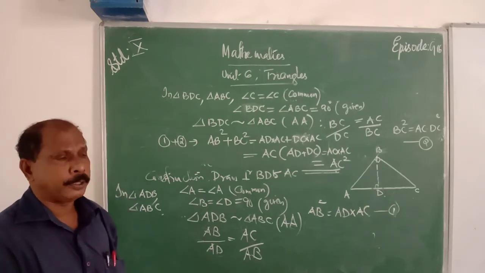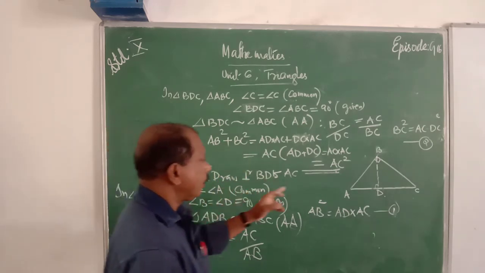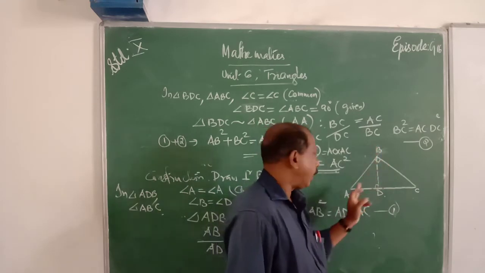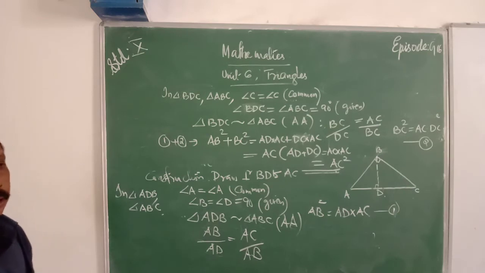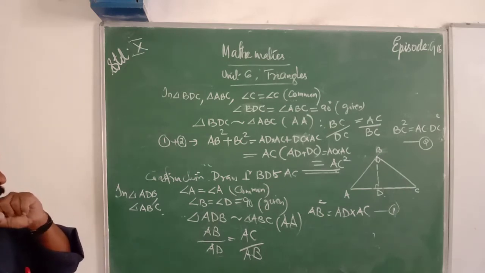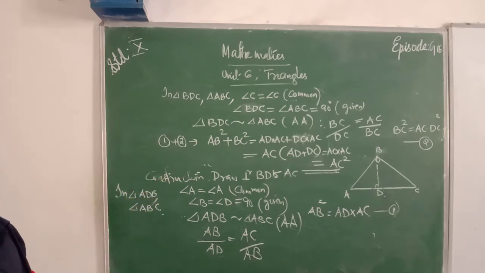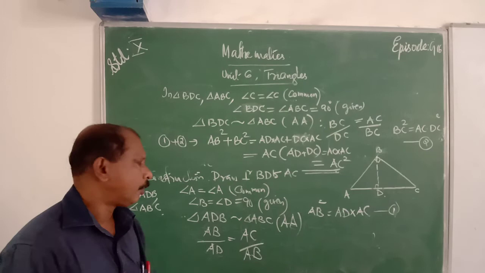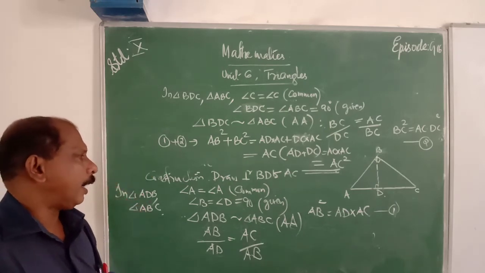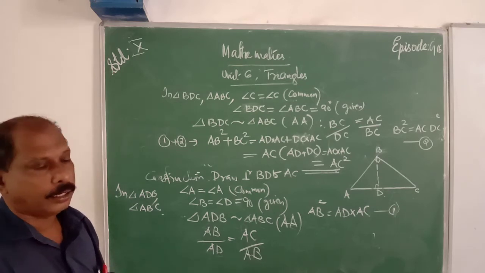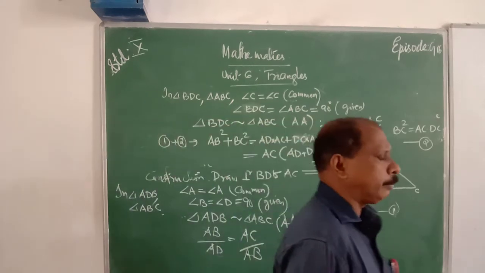Construct BD perpendicular to AC. That is our construction. Therefore, in triangle ADB and triangle ABC, we know that angle A is equal to angle A, that is common. Angle ADB is equal to angle ABC, which is 90 degrees. That is our construction. It is also given. Therefore, triangle ADB is similar to triangle ABC, that is the angle criterion of similarity.